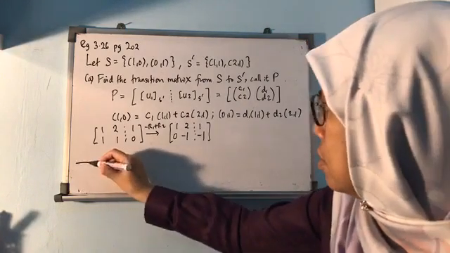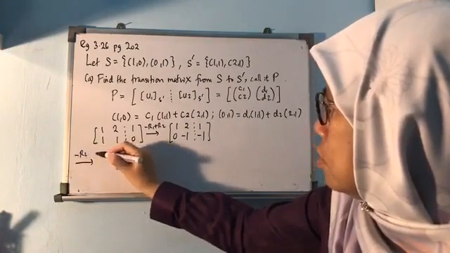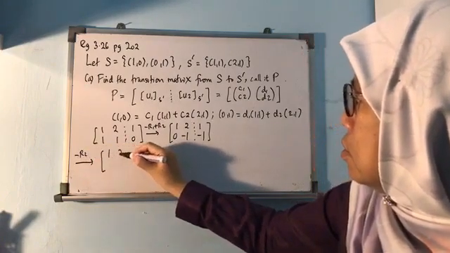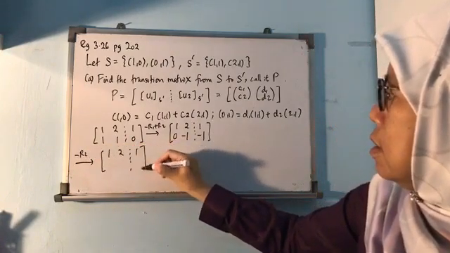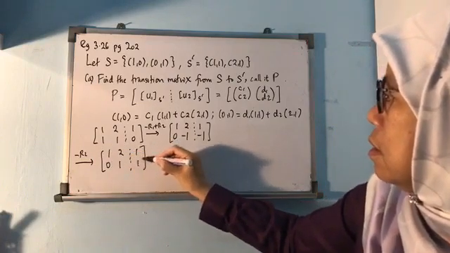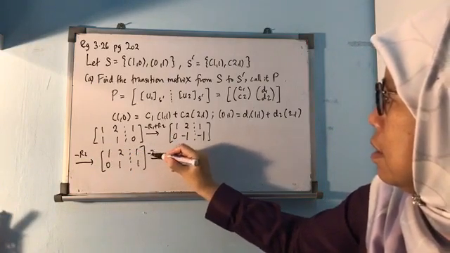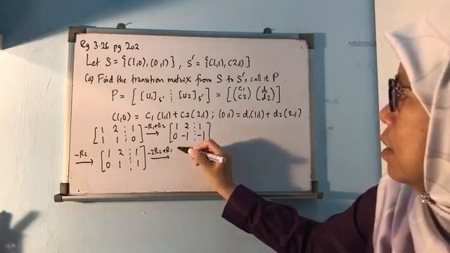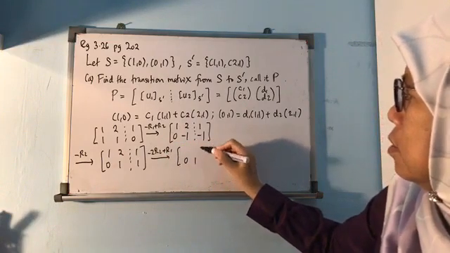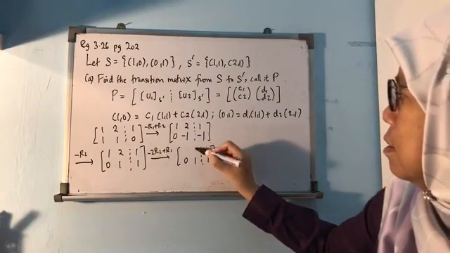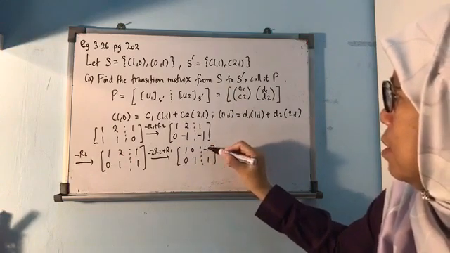One more, negative R2, 1, 2, 1, 0, 1, 1. Last one, negative 2 R2 plus R1, 0, 1, 1, 1, 0, negative 1.